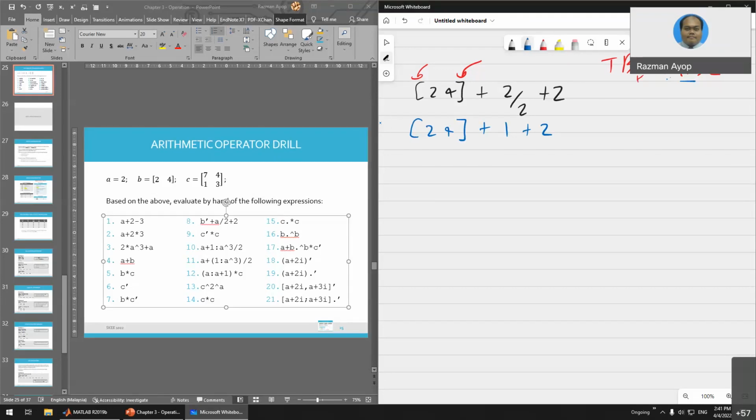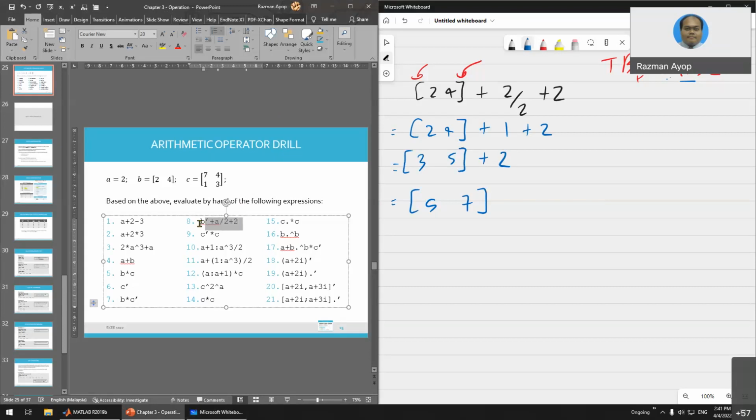I suggest you do it from left to right, and show that you do it from left to right. So plus 1 is 3, 5 plus 2, and then 5 and 7. Let us look at the answer.